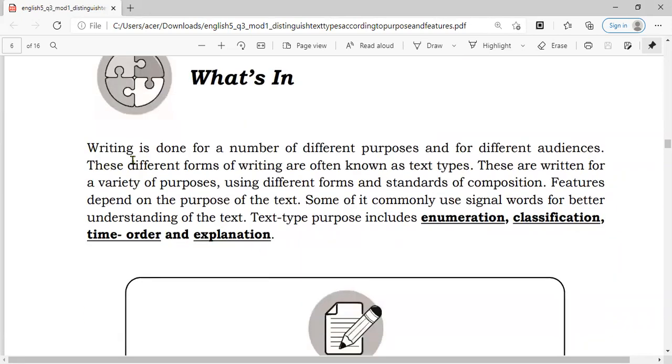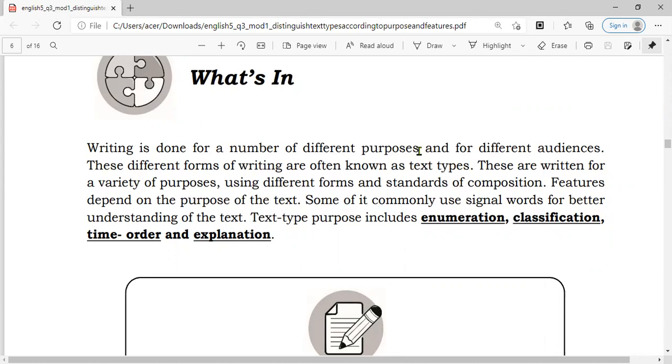Writing is done for a number of different purposes. We have reasons why we write. It could be a letter, an article, a story, our diary. If you want to have a daily journal, you can do it. It depends upon your purpose why you write.